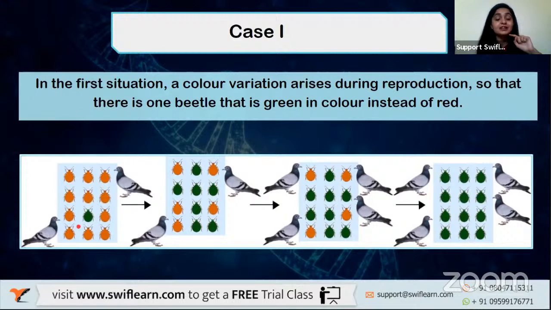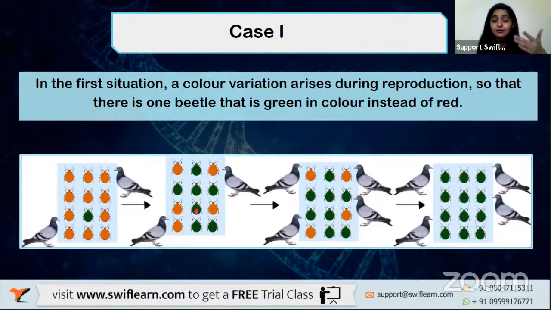And because of that green color, the beetle was hidden on a green tree, right? The leaves were green, isn't it? So when the crows or sparrows or pigeons were trying to eat it, they were not able to see the green one. So automatically, when they started reproducing, the number of red beetles decreased because they were quite visible to the pigeons, so they were easily able to eat the red ones.